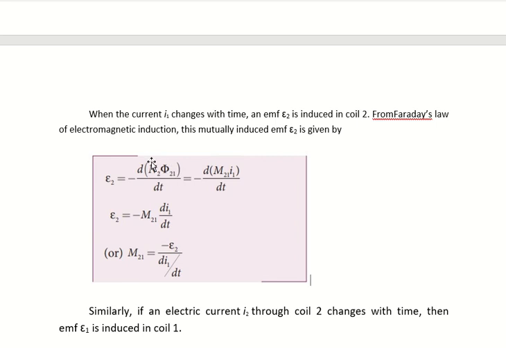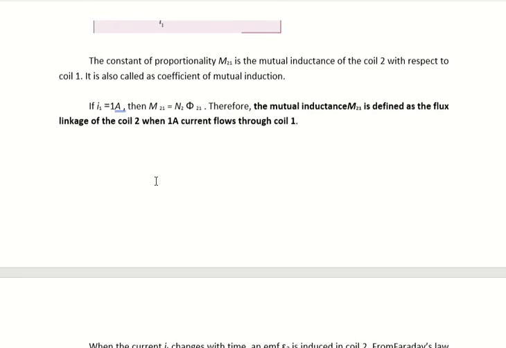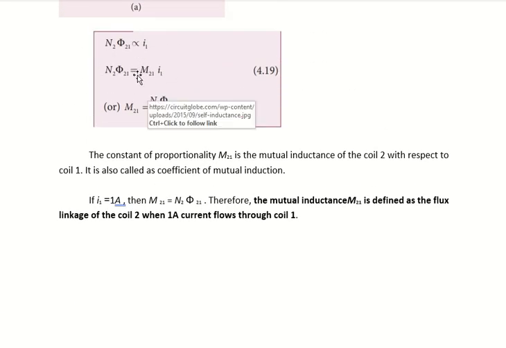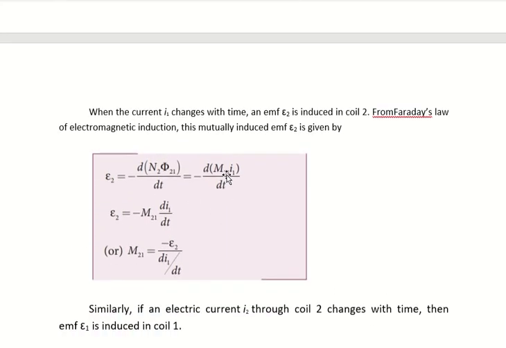We know that N2 φ21 is equal to M21 into I1. So substitute M21 I1 here. So what is the EMF induced? We know that the EMF induced in the secondary coil is minus M21 into dI1 by dt. E2 equal to minus M21 into dI1 by dt. So what is M21? E2 by dI1 by dt.